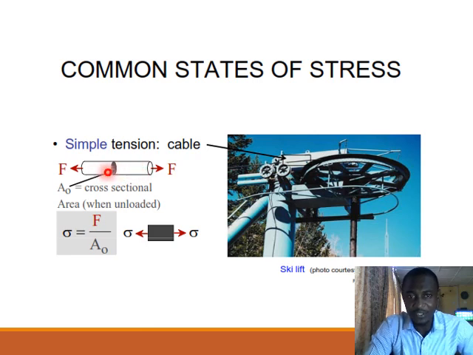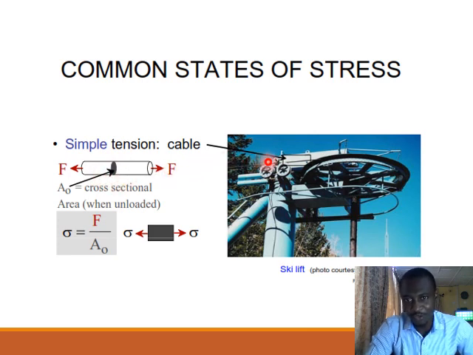Now that force application is going to exert a load on this cable, and that load definitely is going to go through some stress. The stress on this cable can be obtained by simply dividing the magnitude of the force, which is the load on this cable, by the original cross-sectional area of the cable. It has to be the original cross-sectional area of the cable. By doing so, you will understand the stress that is imposed on this cable.